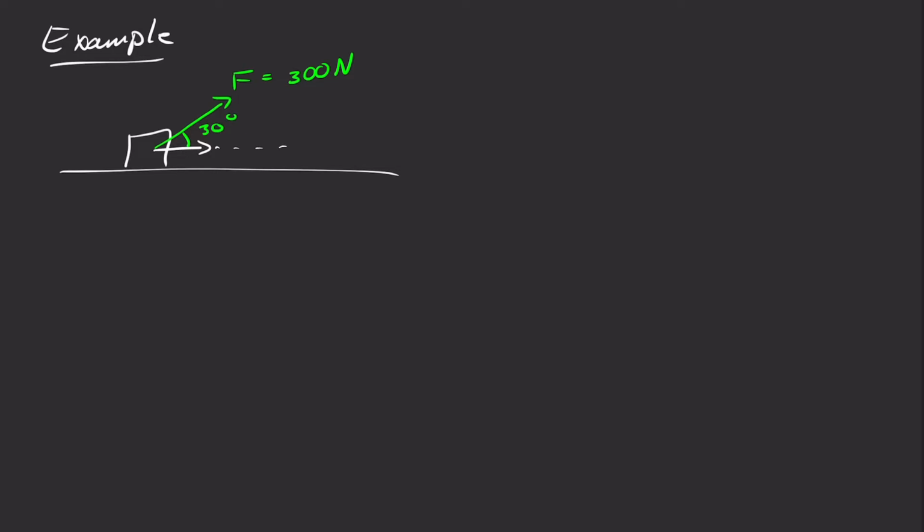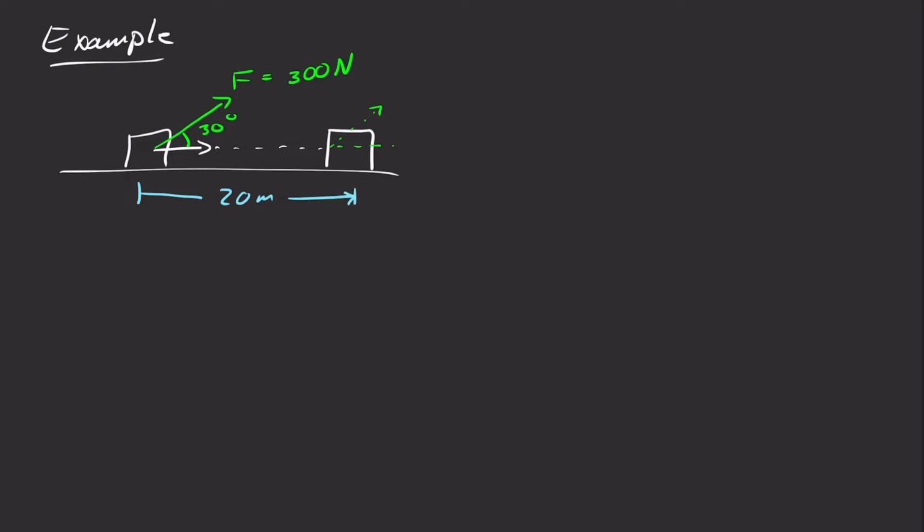And it's going to move some distance. Maybe I'll draw it the right size. So it's going to move, and we're still going to be pulling on it up and to the right. And it's going to move a distance of 20 meters.